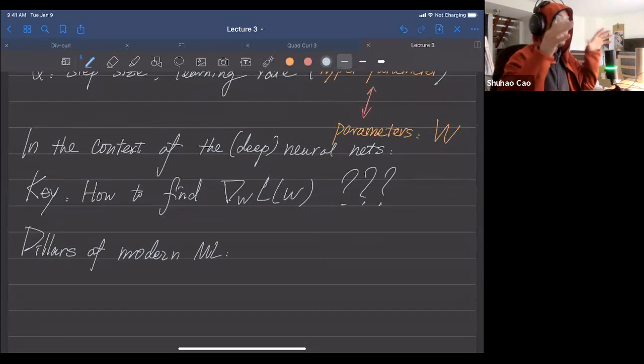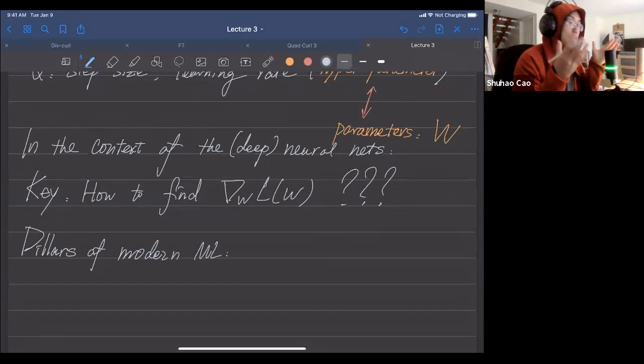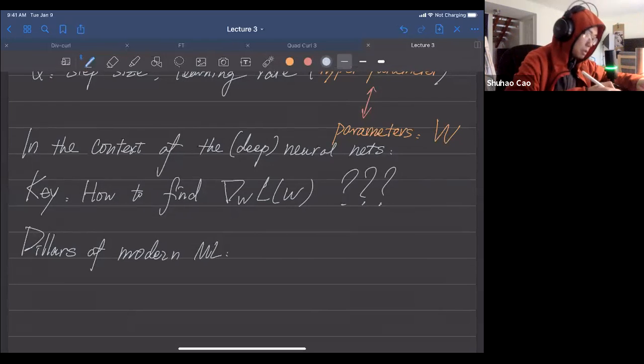There are two pillars of modern machine learning. Even though the neural network model was there like 50 years ago, until recently, maybe the last 20 years, people have been able to train these networks. The first pillar of modern machine learning is called backpropagation, which we'll learn today.